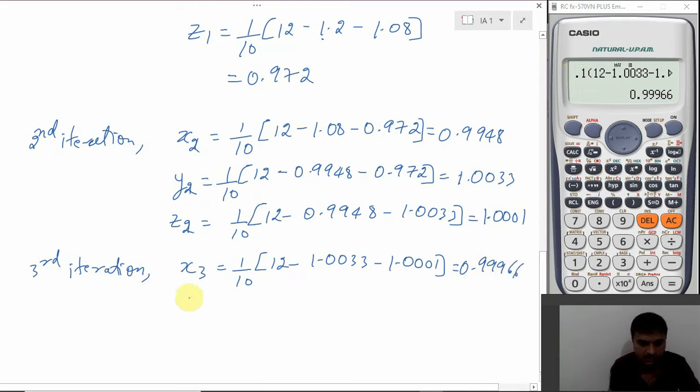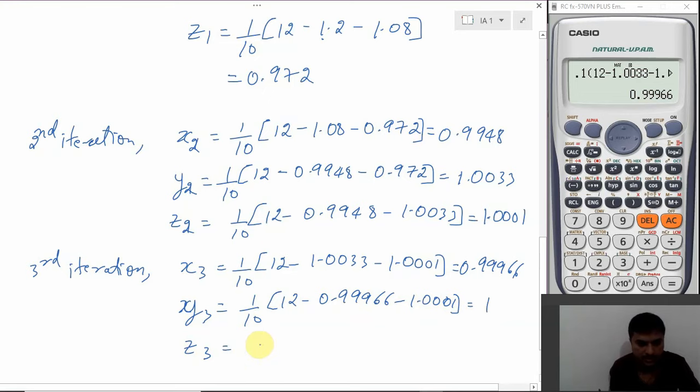You can get 0.99966. That's enough. Y, third iteration, 1 upon 10. Just substitute the values. Minus 0.99966 minus previous value z 1.001. Substitute the value. You are going to get 1 only, friends. You can see the calculator.